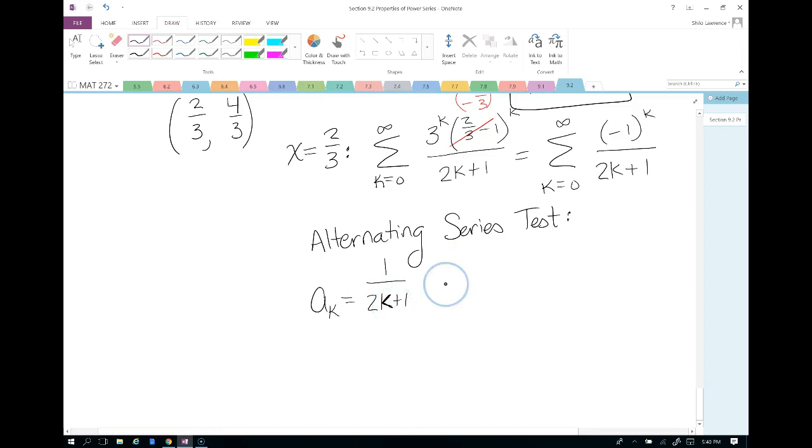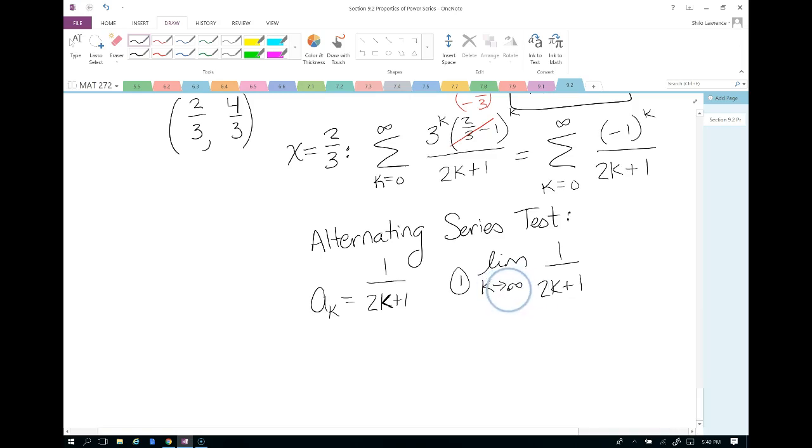There's two things that we need to show for an alternating series to be convergent. The first one is that the limit as k approaches infinity for this expression is 0. And is that true? Is the limit of 1 over 2k plus 1 as k goes to infinity going to equal 0?